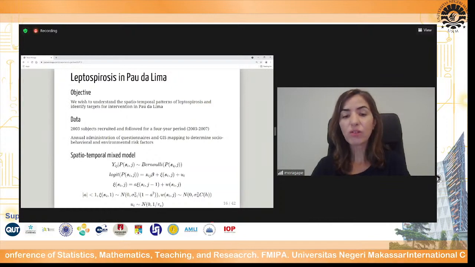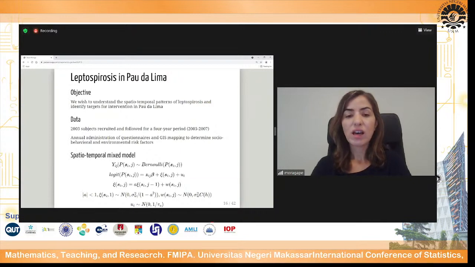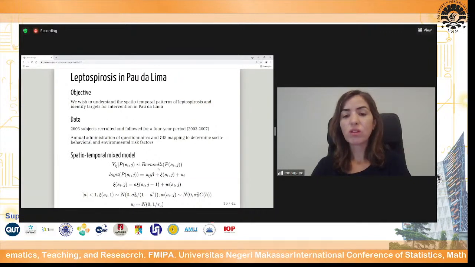So this is the model that we fitted. Yij is equal to 1 if the person i at time j has the disease and 0 otherwise. And this can be modeled with a Bernoulli distribution with the probability of being infected. And then the log of the prevalence is equal to some covariates plus random effects.